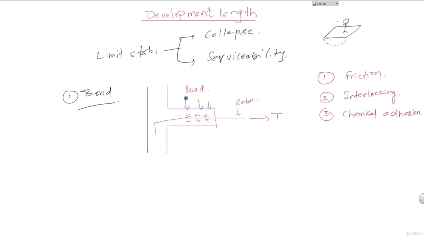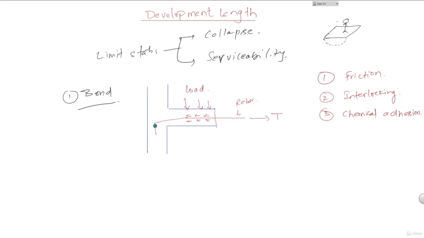If this is not sufficient, then the force will not be transferred to the column, and that force will be taken by the beam, and the chances are that the beam might fail. Due to this reason, sufficient length of this rebar must be provided into the column.